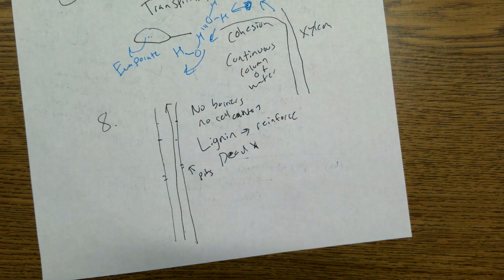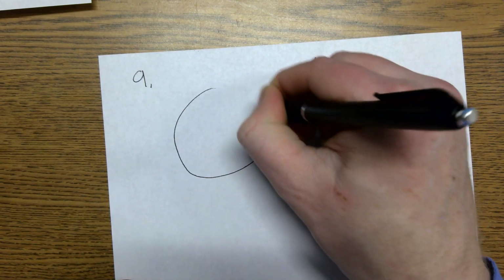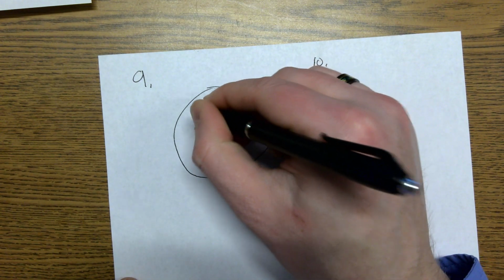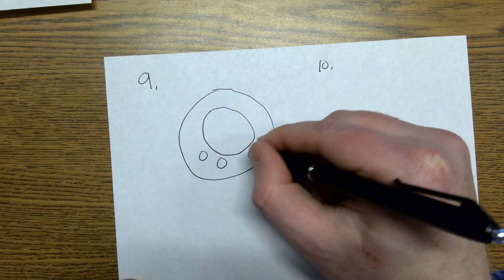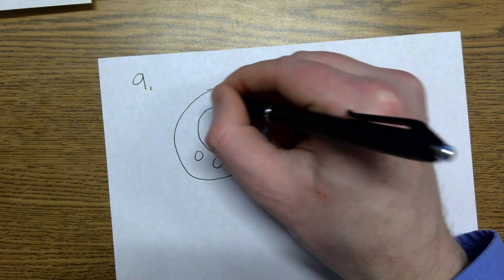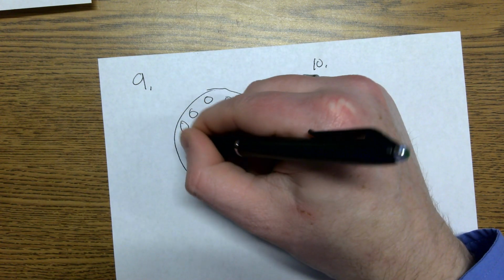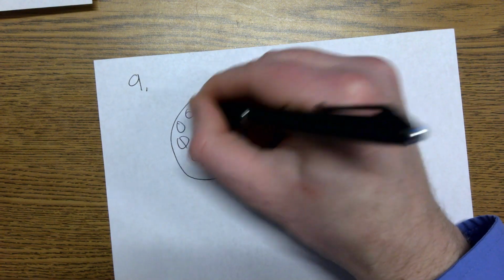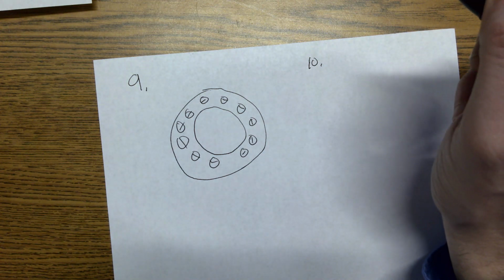You're expected to be able to draw, so standards 9 and 10 are all about drawing transverse sections of a stem and a root and labeling them. A stem is going to look something like this.